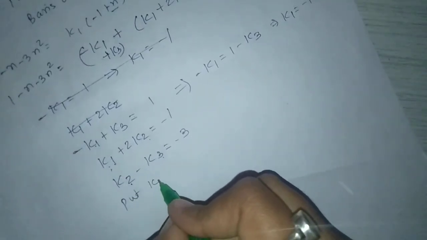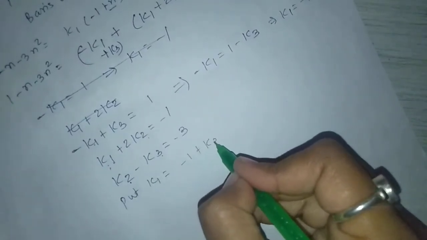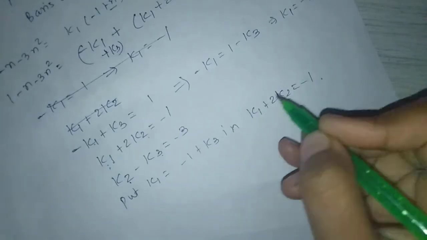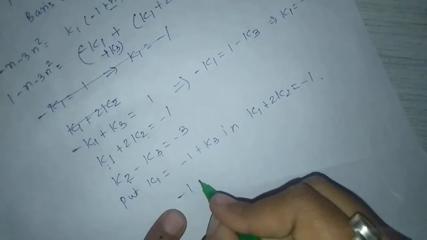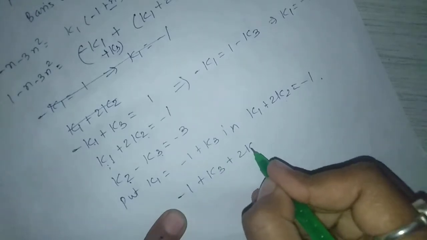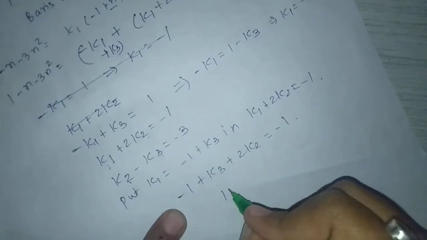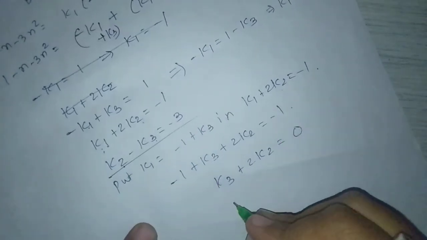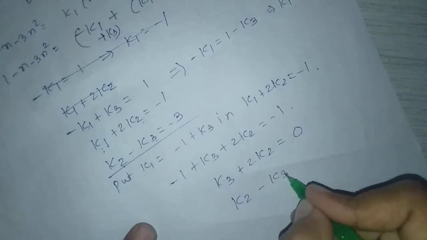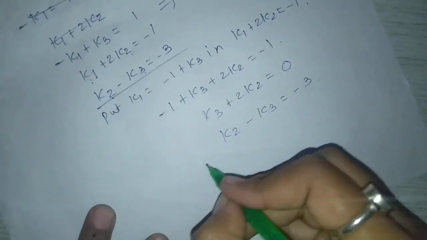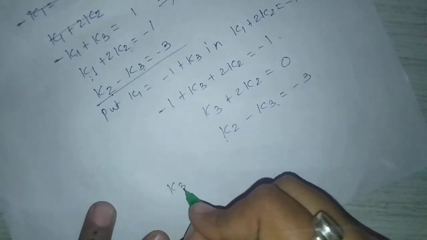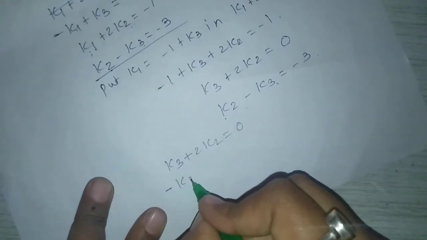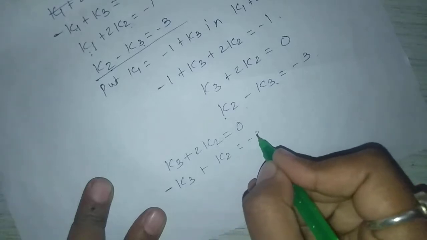Put k1 equal to -1 + k3 in k1 + 2k2 equal to -1. So we get -1 + k3 + 2k2 equal to -1, so k3 + 2k2 equal to 0. And the next equation is k2 - k3 equal to -3.